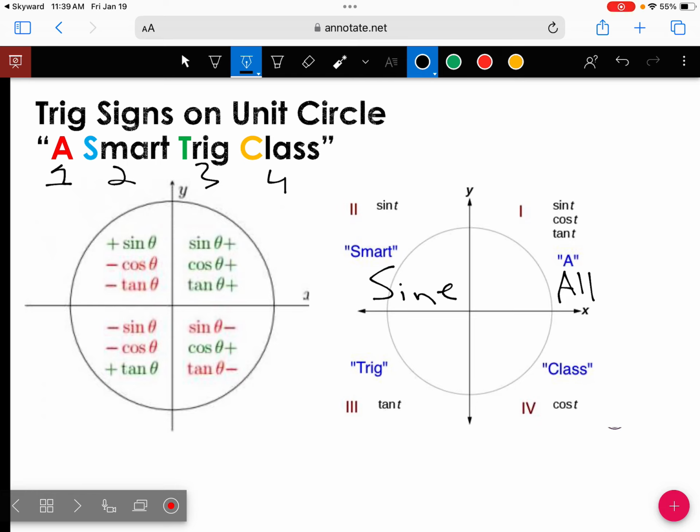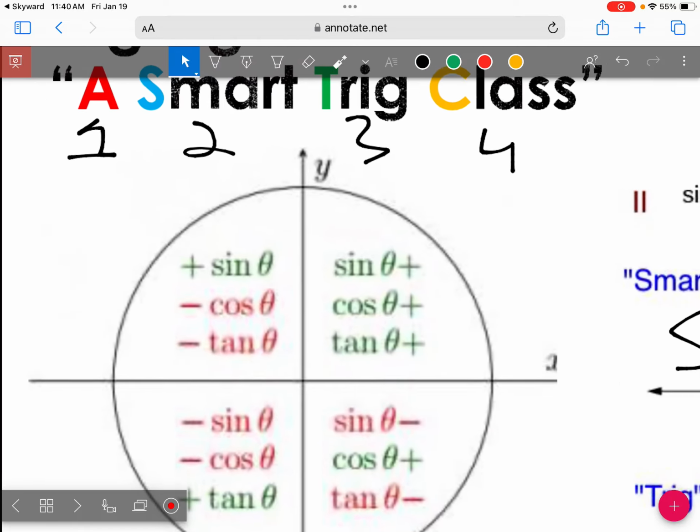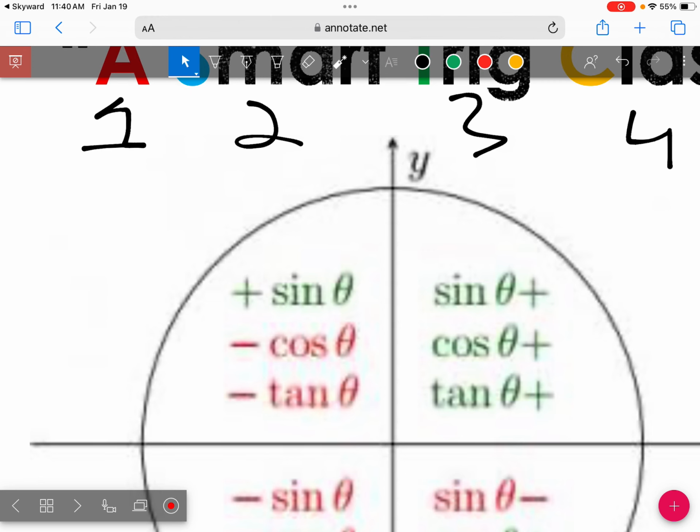So if sine is positive, what about cosecant? It's positive. Cosecant's positive, right? So I want you guys to write it in along. It's the reciprocal, so the reciprocal is positive too. All right, so if you guys can come back.